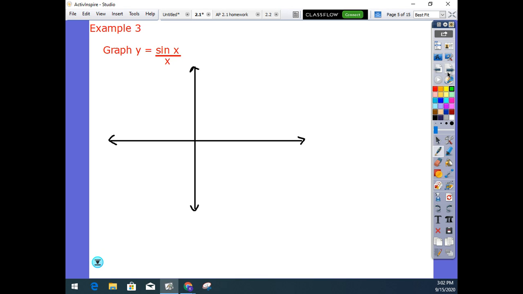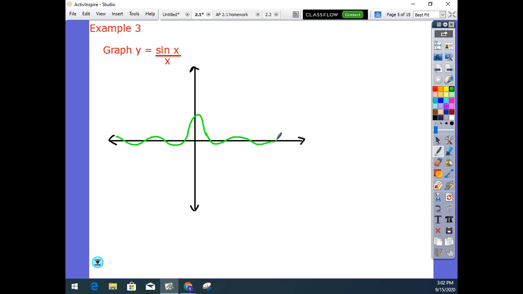Example 3. Notice it says graph this on the calculator. It kind of looks like this, sort of.